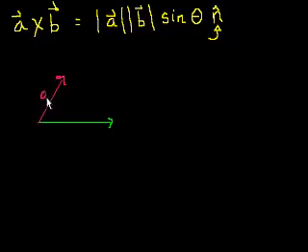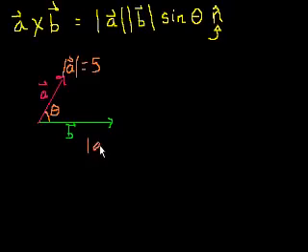So this is vector A. This is B. I'll probably just switch to one color because it's hard to keep switching between them. And then the angle between them is theta. And let's say the magnitude of A is equal to 5. And let's say that the magnitude of B is equal to 10. It looks about double that. I'm just making up the numbers on the fly.